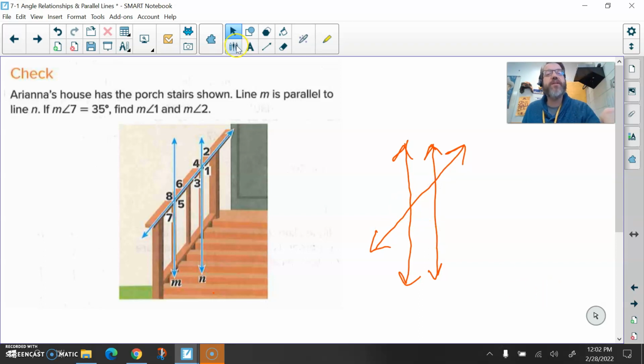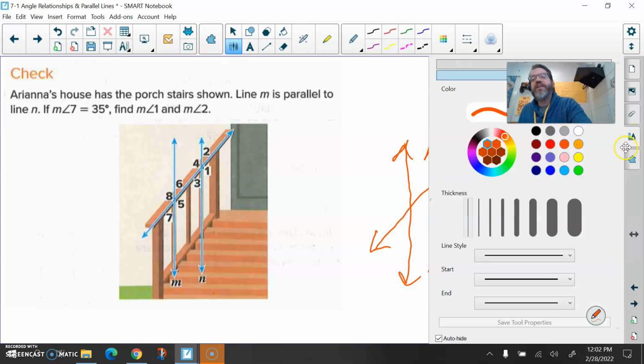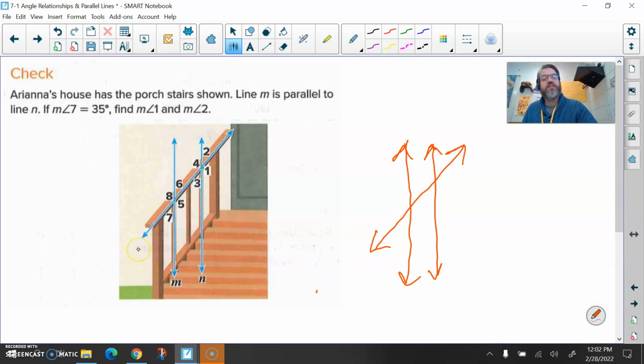If we draw it separately like this, it's going to be easier to visualize. It gets a little muddled when we see all the stairs and the rest of the drawing. We have angle 1, 2, 3, 4. I know this is messy. 5, 6, 7, and 8. That's how we're referring to each of these angles.